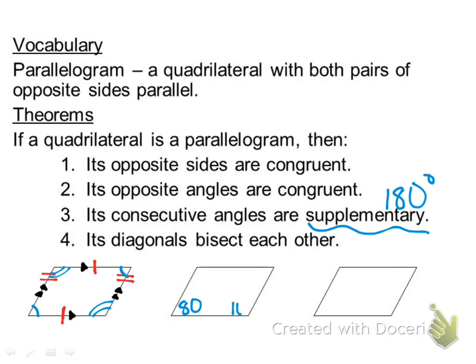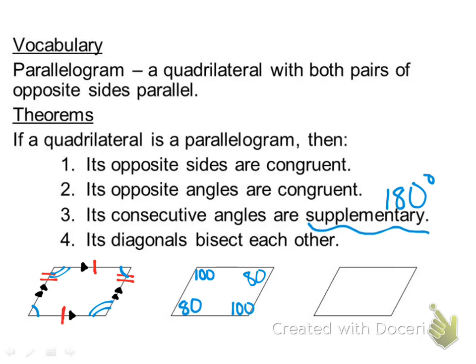So all the angles that are touching that angle, all the ones that are right next to it, are 100. Okay? And then if this is 100, then what would have to go here to add to 180? 80. So once you know one, you know all of them, because the consecutive angles, the ones right next to each other, add up to give you 180.